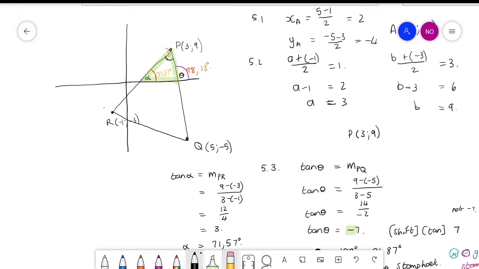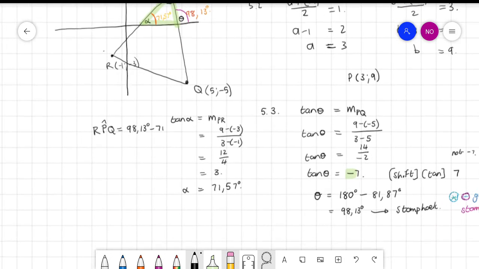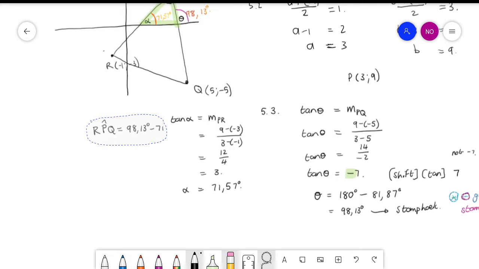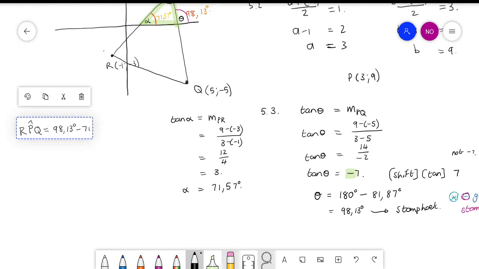And now we can calculate this one. So the angle RPQ will be equal to 98,13 minus 71,57, and in analytical geometry we must write the reasons, so this is the exterior angle of a triangle.